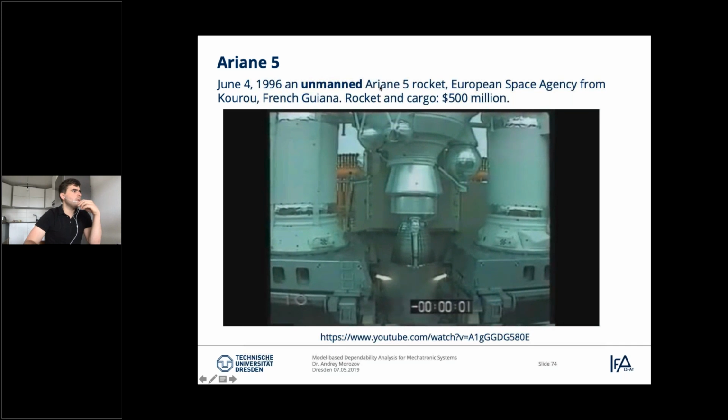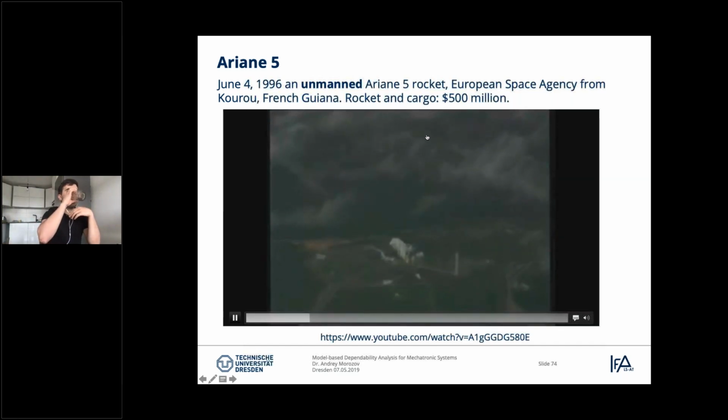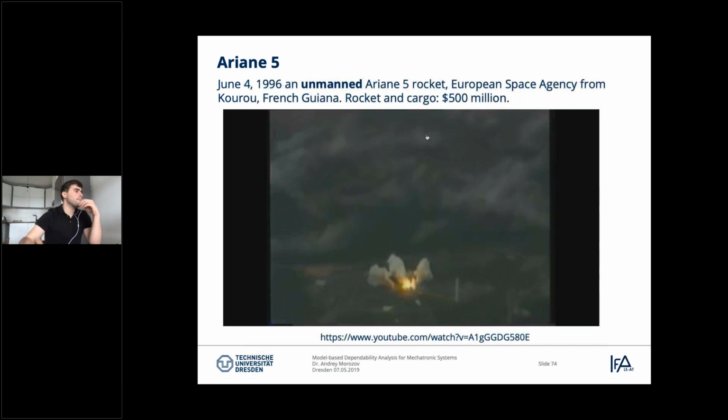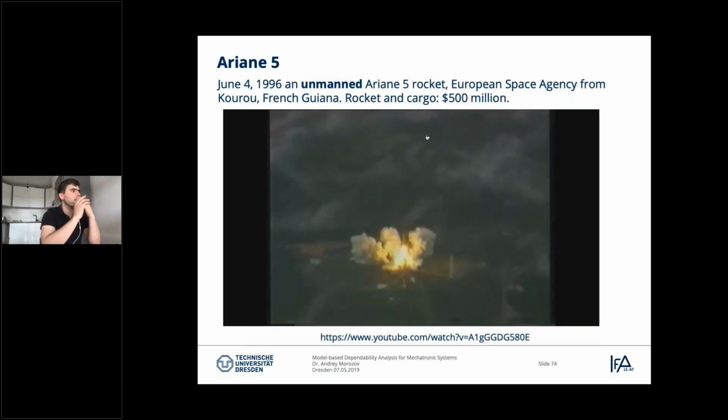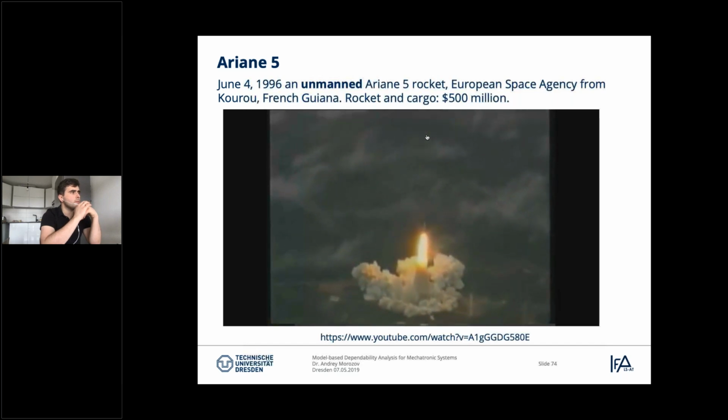It was the launch of the Ariane 5 rocket in French Guiana. It was quite a long time ago, in 1996, but this is also one of the classical failures. The rocket was unmanned, but quite expensive.